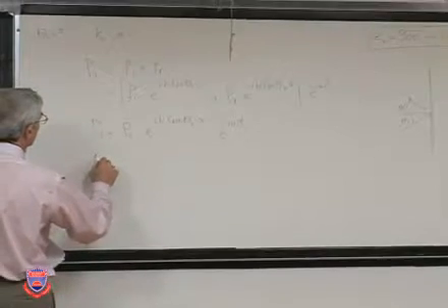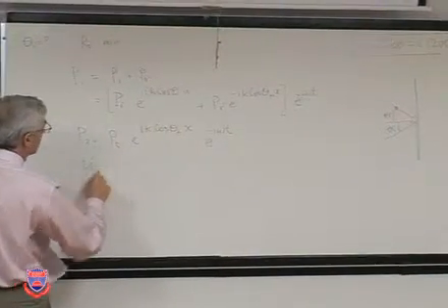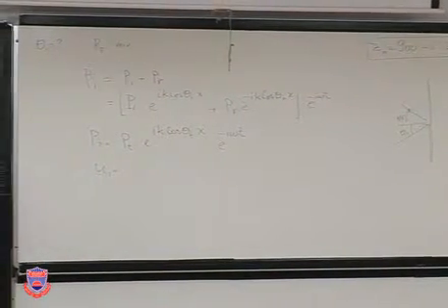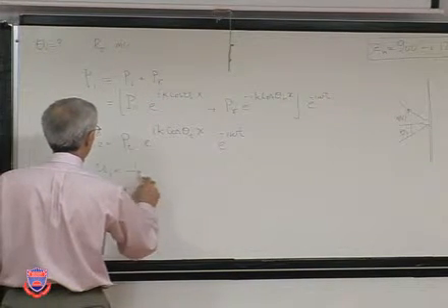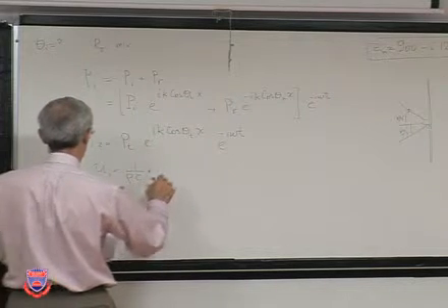Now, since we're interested in reflection, we get the particle velocity in front of it, and we can write that as.